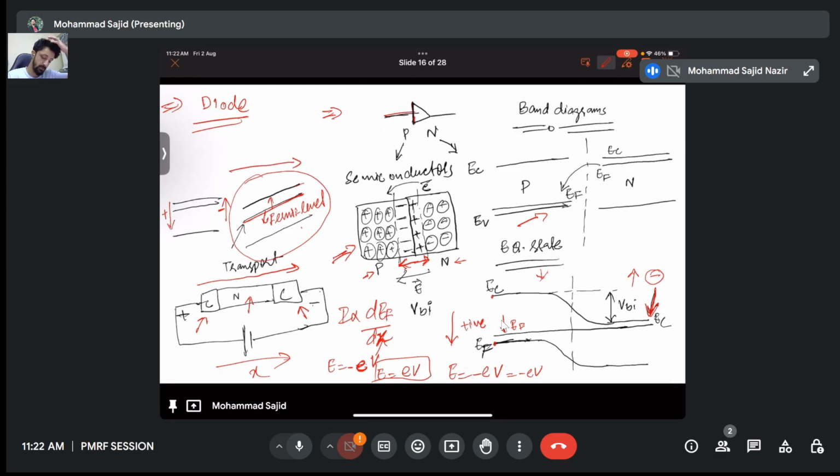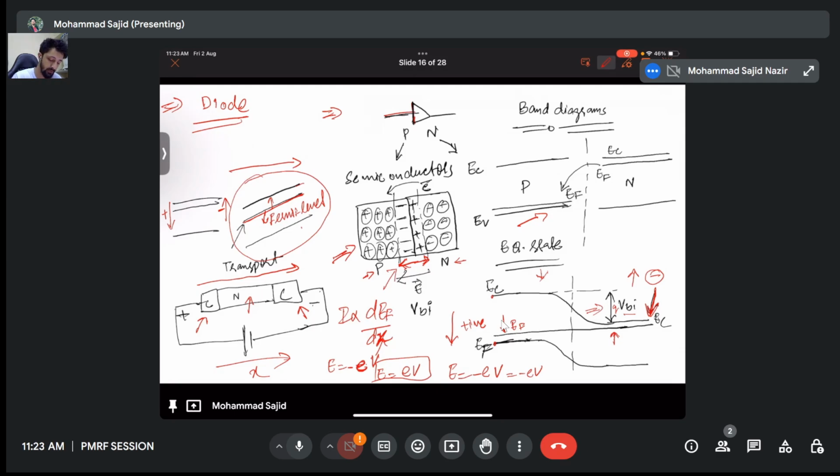Here, this is how the band diagram looks after the transfer of electrons, and the EF you see here is uniform throughout the structure. So what is this energy difference? This is your VBI, the built-in potential, which is the potential due to the region you saw here.